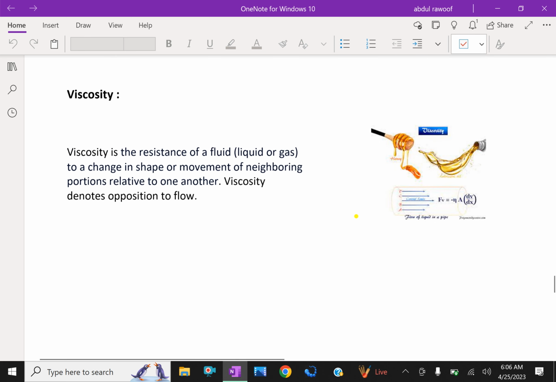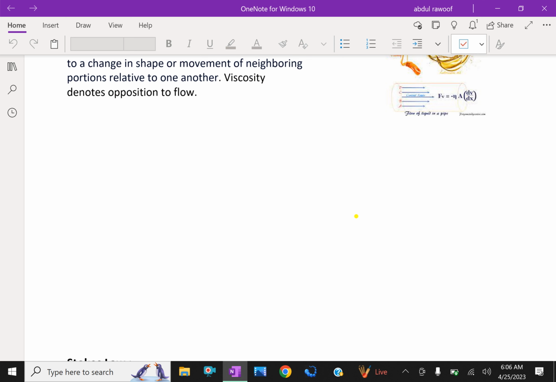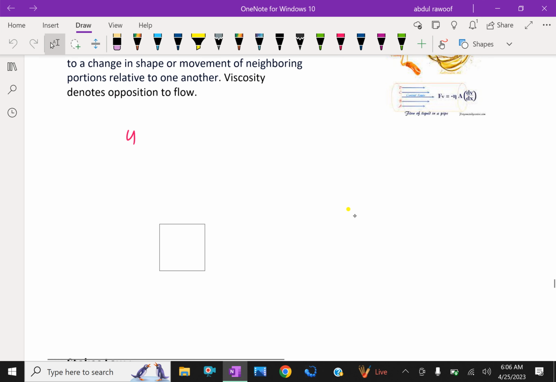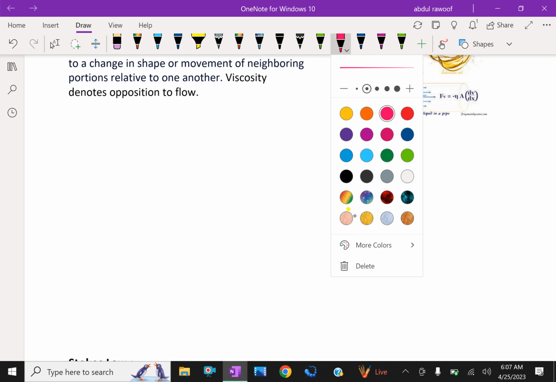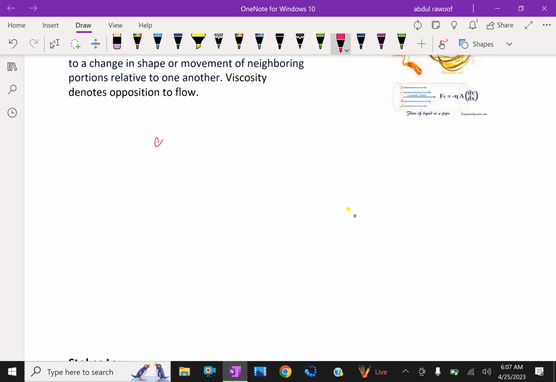Now, units of viscosity. Before that, eta equals stress by strain, where strain is v by L, therefore eta is equal to FL by vA.